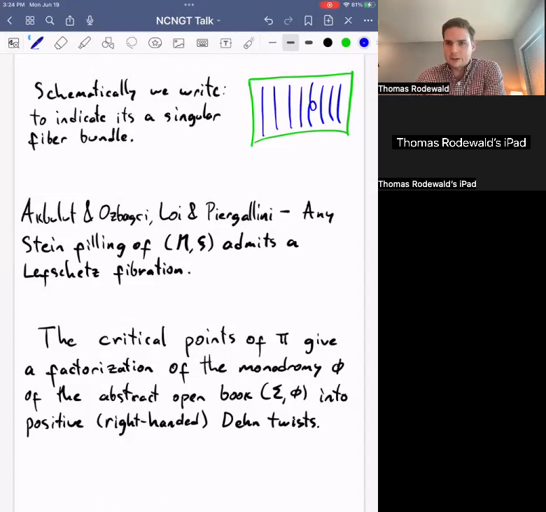So that's how we go from the Stein filling to the abstract open book: we have a Lefschetz fibration for that Stein filling, and through it, we get a factorization of the monodromy into positive right-handed Dehn twists.